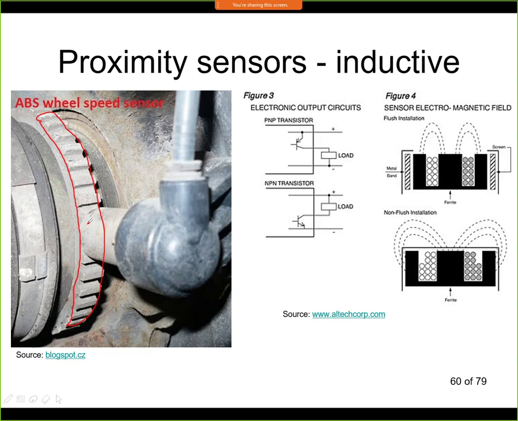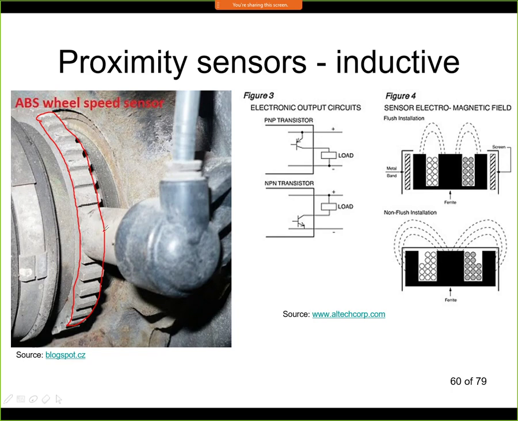If the sensor sees the teeth, we can say, okay, there is the object. If the sensor sees the gap, then we see some other signal. And by counting the teeth and by counting how many teeth we see per some unit of time, we can actually find out what is the speed of the wheel.